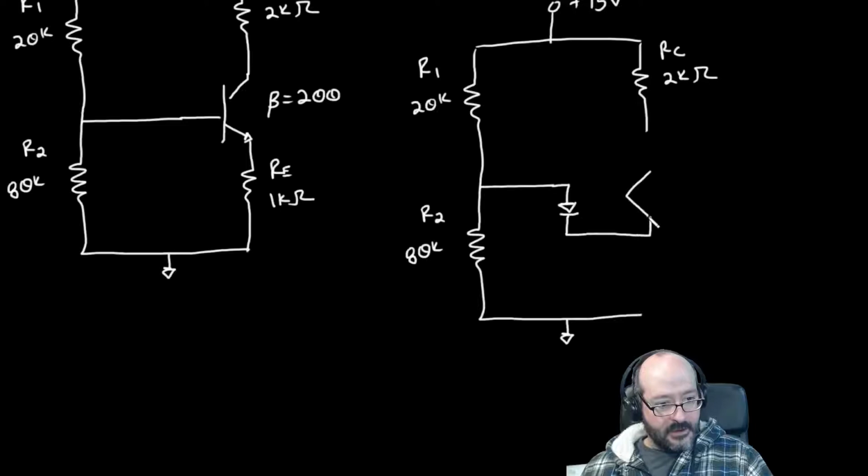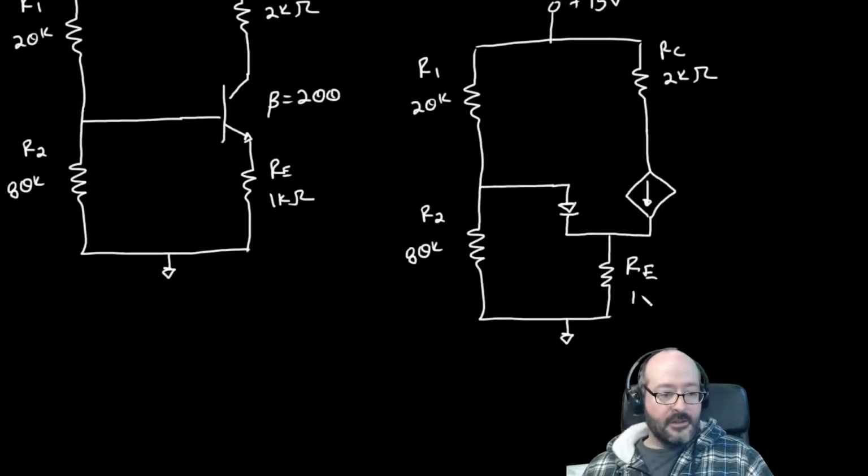We're gonna have our dependent supply with the current flowing down like that, connected to the collector, and then there's that resistor. I just moved it over a skosh, but it didn't change the way it was connected. Okay, what was that, 1K? 1K. Oh, I guess it's on the screen too.